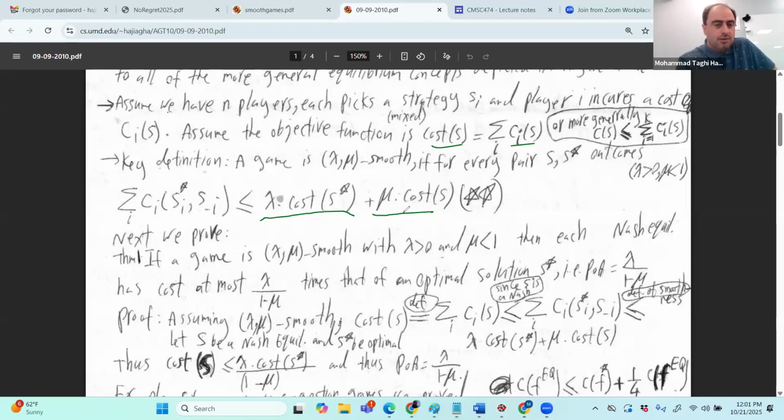If a game is (lambda, mu)-smooth, with lambda greater than 0 and mu less than 1, then each Nash equilibrium has cost at most lambda over 1 minus mu times that of an optimal solution. What is the meaning of that? It means that the price of anarchy is lambda over 1 minus mu.